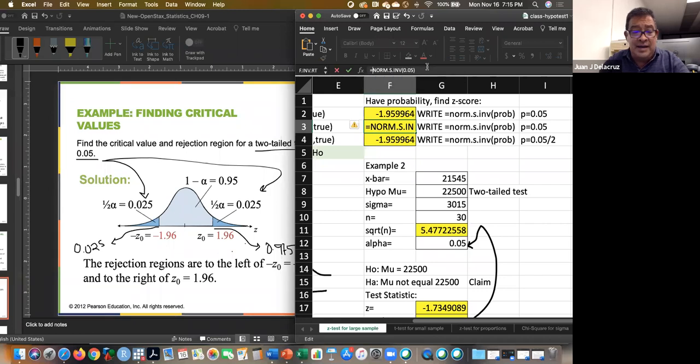Let me see. I think I made the mistake last time. No, that's not. So forget this one. So if we have a left tail test, so we use the point. So we have the probability here. So I am gonna find the C-score, right? So in this case, my area under the curve to the left-hand side is gonna be 0.025. So this is my C-score.